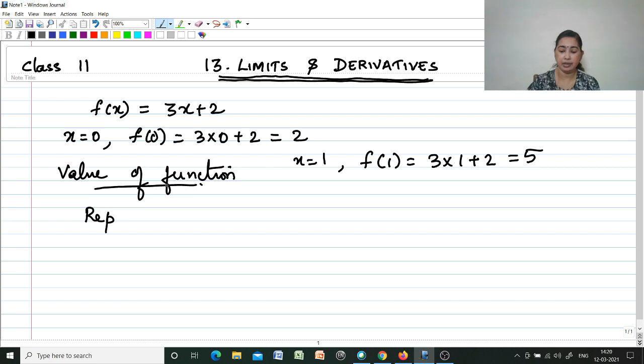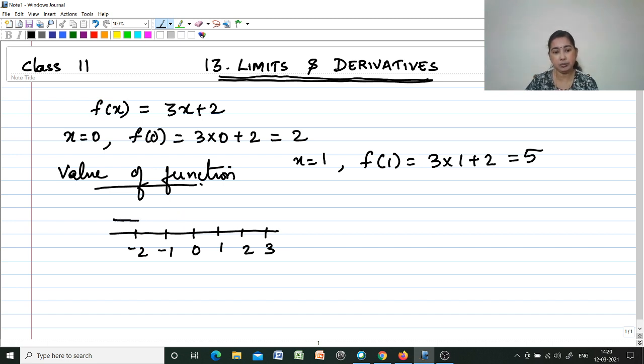Limit means when x is tending to a particular value, that is, x is approaching a particular value. If I draw a number line, this is 0, this side is positive values 1, 2, 3, etc. This side is minus 1, minus 2, minus 3, etc. So tending to 0 means I can either tend to 0 from the left side or from the right side.